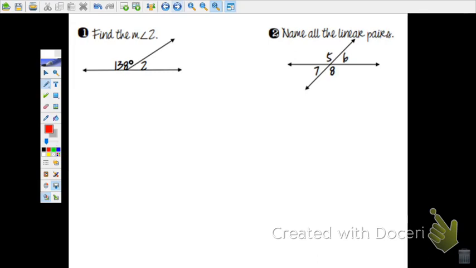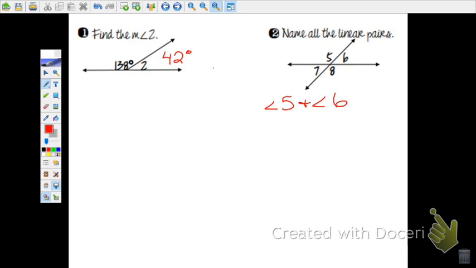Number 1 says to find the measure of angle 2. How much is angle 2 going to be if the other angle is 138? 42 degrees. Number 2 says to name all the linear pairs. What's one pair? Angle 5 and angle 6. Okay. What's another linear pair?